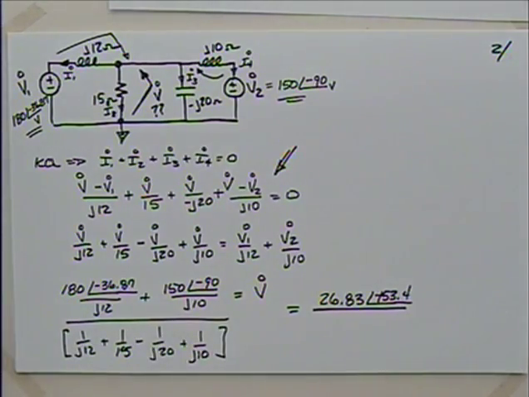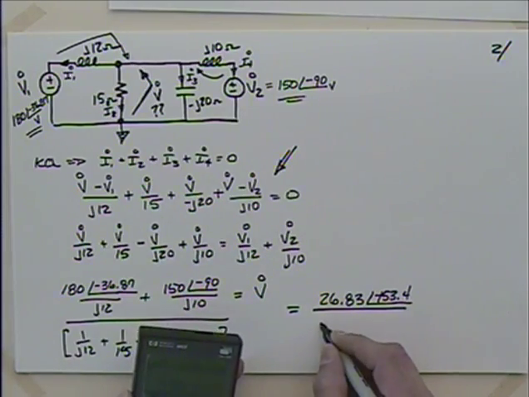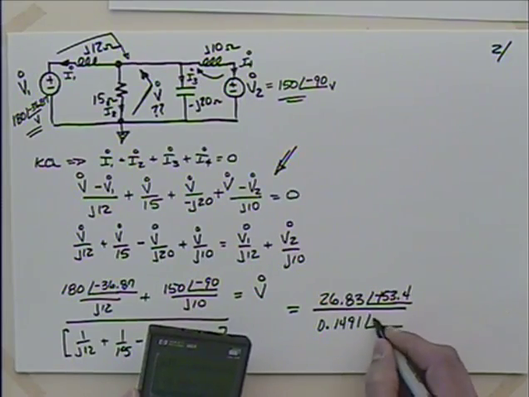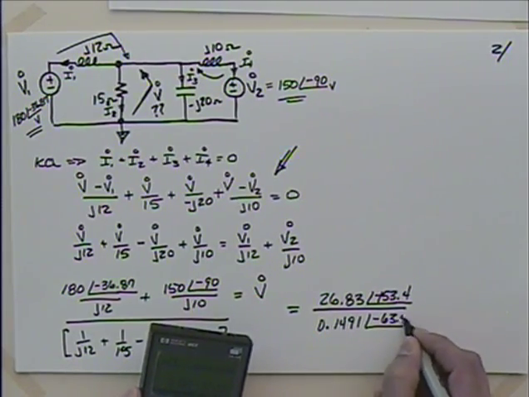I'll work on the denominator now. I get 0.1491 at an angle of minus 63.4.